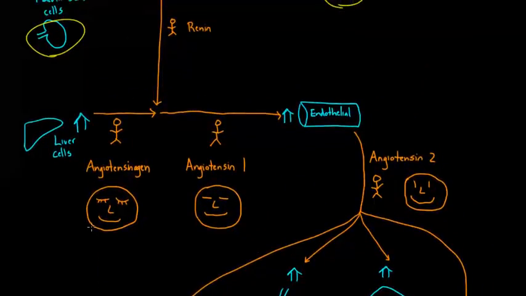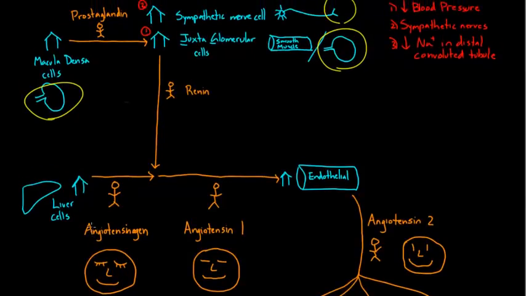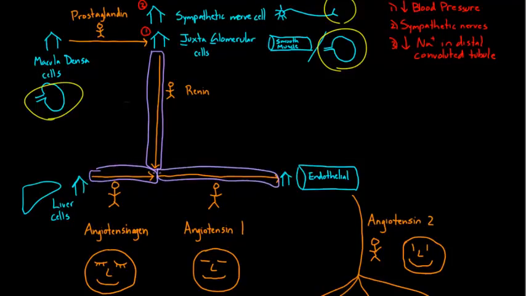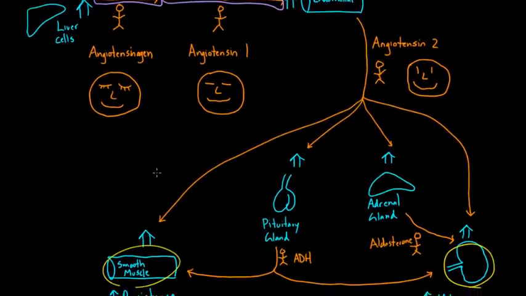Now, that's one point. The other point is that when people talk about the renin, angiotensin, aldosterone system, they're talking about certain pathways, and they're specifically talking about, for example, this arrow right here, this hormone, obviously. And they're talking about this angiotensinogen, and they're talking about angiotensin 1. And they're also referring to angiotensin 2 and all of its targets.